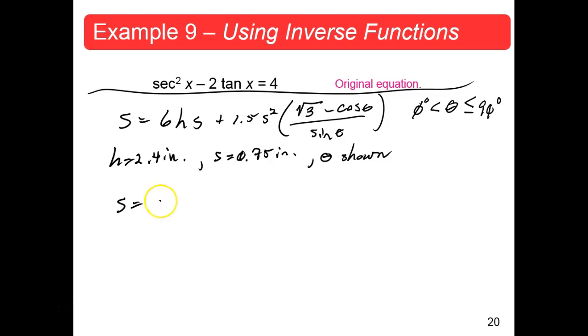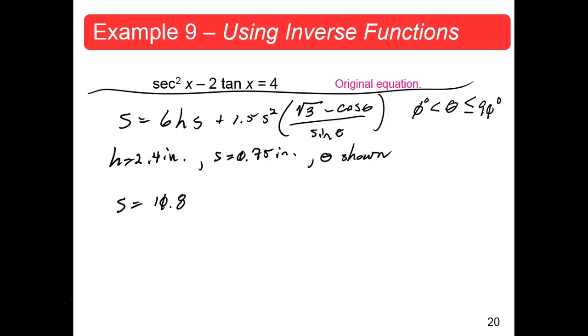See if that gives you 10.8. 6 times 2.4 times 0.75. Seems reasonable. 3/4 of 2.4 would be 1.8 times 6.